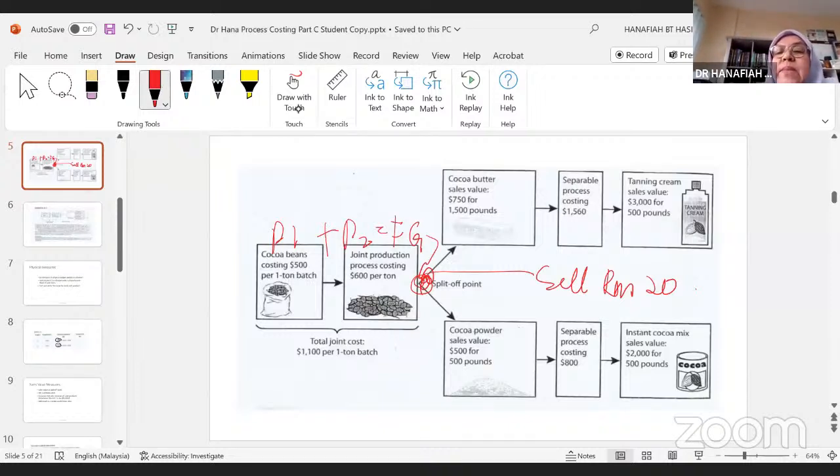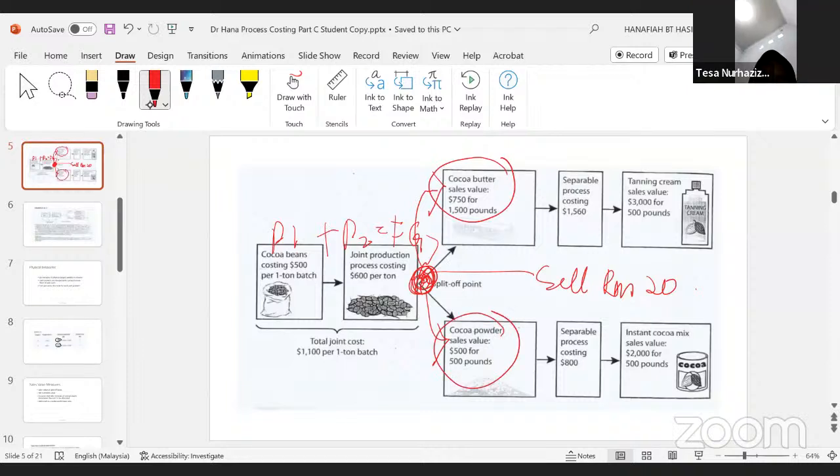Let's say when you reach this level, you produce cocoa butter and you produce cocoa powder. You don't want to further process the product. You want to stop here. It is up to you. Now you can sell this. You can sell the butter, you can sell the powder.